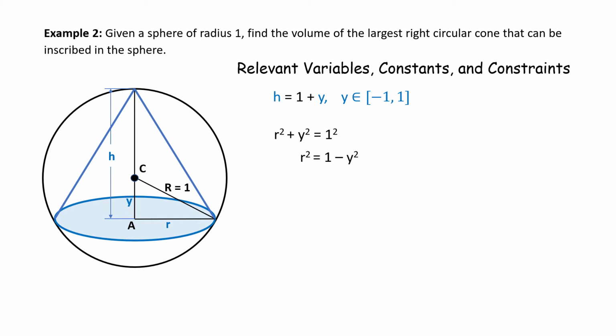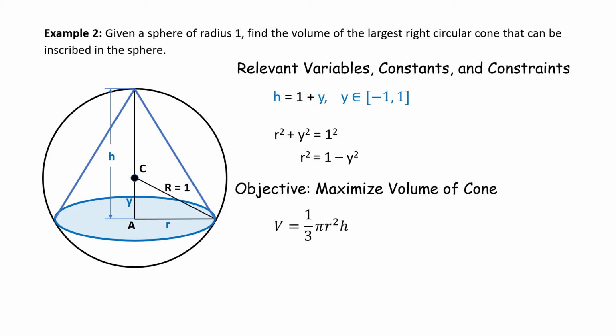Now we're ready to get to the objective of this problem. If we want the largest volume possible, then our objective is to maximize the volume of the cone. The formula for a right circular cone's volume is V equals 1/3 pi r squared h. We need to have this volume function in terms of one variable. Let's make it in terms of y. r squared is 1 minus y squared, and h is 1 plus y.